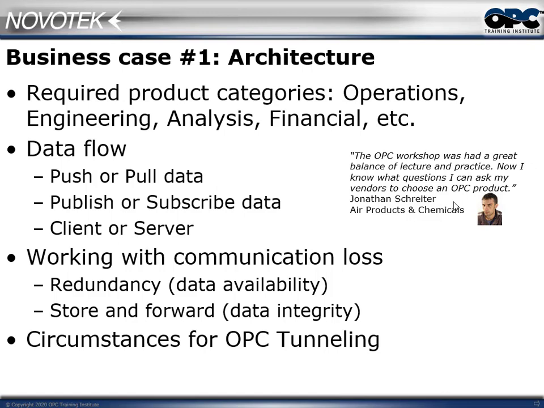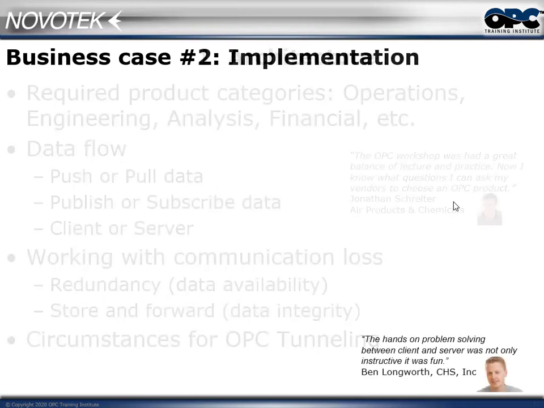And what are the circumstances for OPC tunneling? And more importantly, what are the circumstances when you don't need OPC tunneling? So a lot of the course focuses on how to get away from having to purchase software products from different vendors. Rather, what you want to be able to do is configure your system properly in the first place.